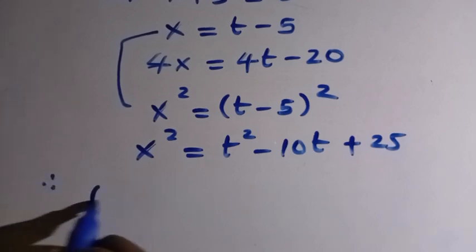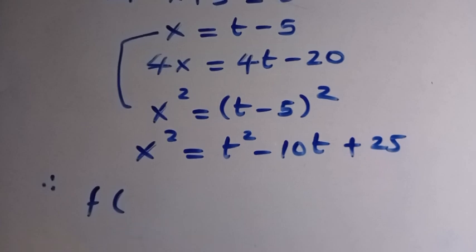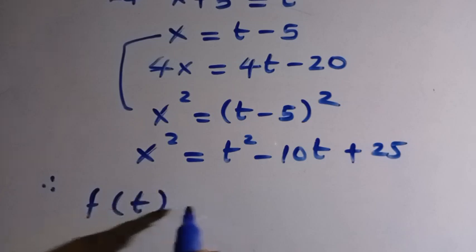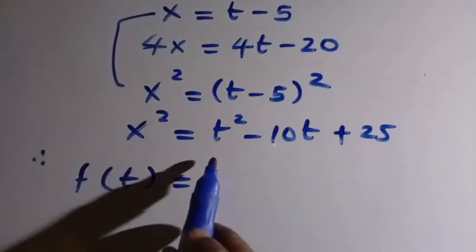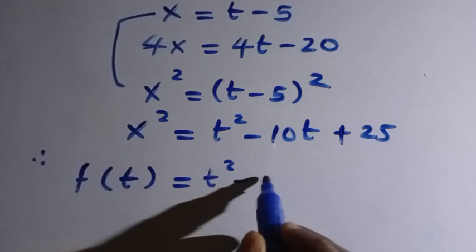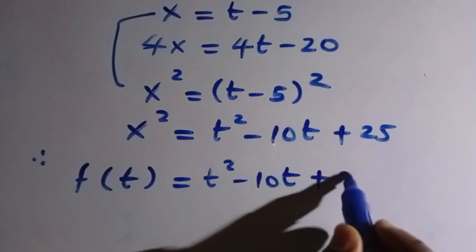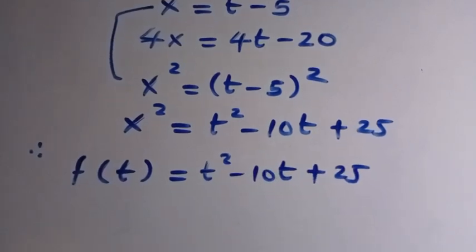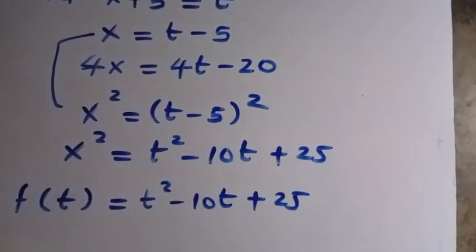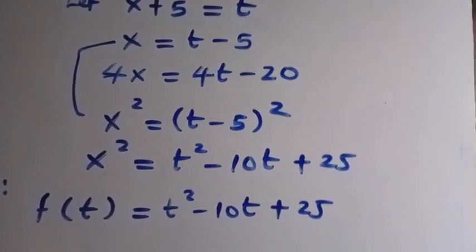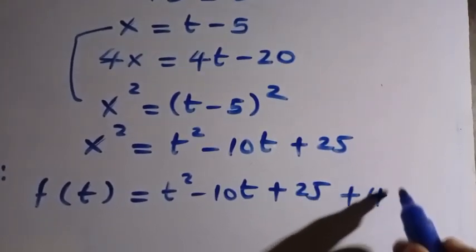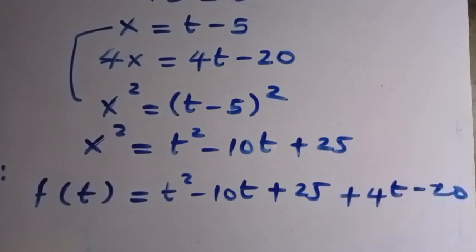Instead of f of x plus 5, I'm going to replace it with f of t. We have f of t equals, instead of x squared, I'm going to replace it with the whole of t squared minus 10t plus 25. Then plus 4x, and that 4x is now 4t minus 20, then plus 5.